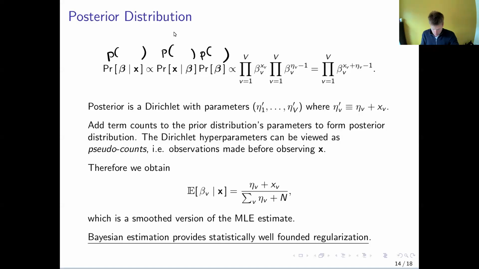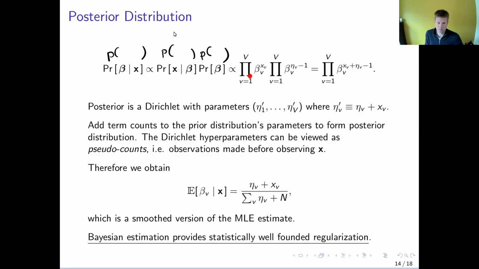All right, so I want to derive the posterior distribution of beta given X. And I'm going to do that by combining the likelihood function with my prior distribution. Now, I've already given you the form for the likelihood function. That was in slide 2. That's what we maximized to get our MLE estimates.